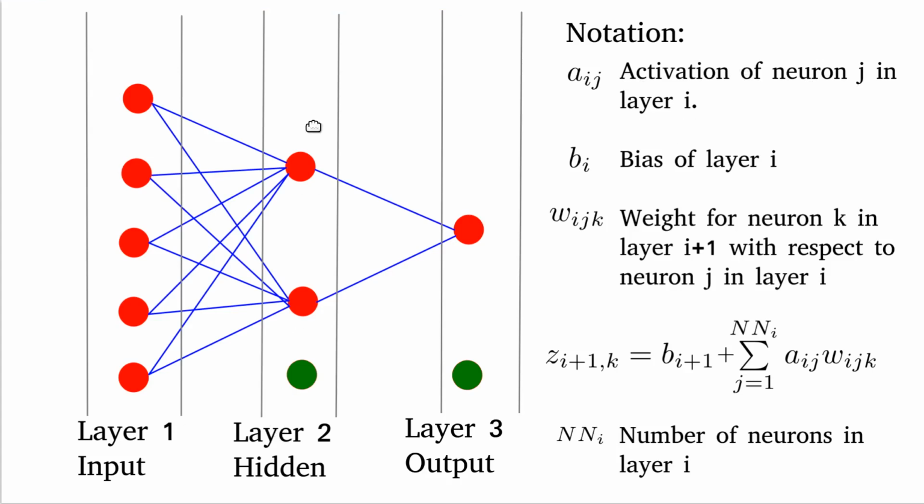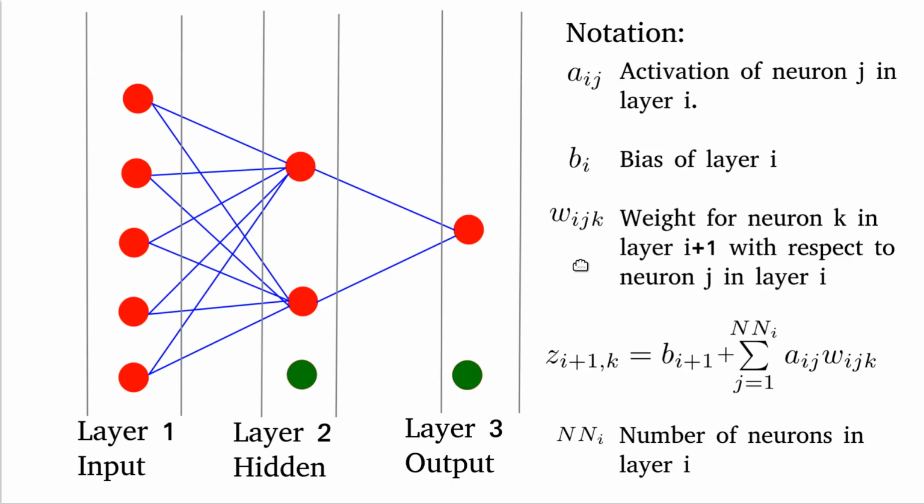So in this layer, i equals 2, this is i equals 1, i equals 3. This is j equals 2. So the value of this neuron is A12. B sub i is just the bias of layer i. So the value of this bias here is B sub 2. This is B sub 3.